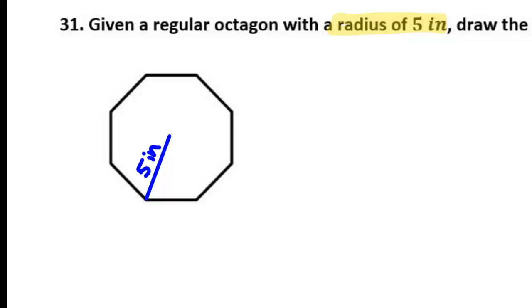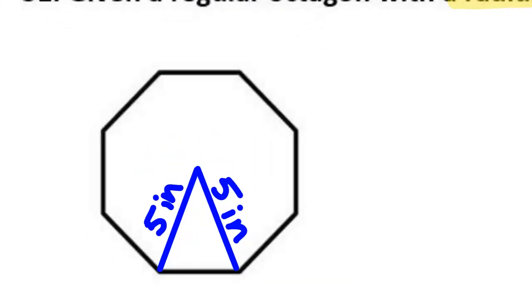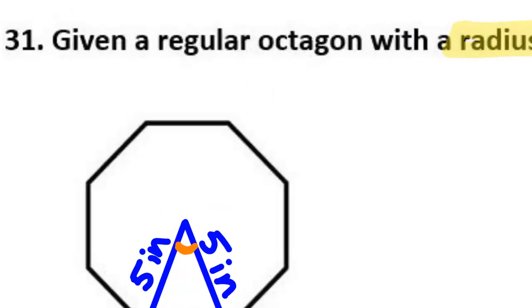We're going to find the area first and the perimeter second because the area is easier for us to find here. To find the area, I'm going to draw in another radius, which would also be 5 inches. And then I'm going to need the measurement of the central angle. How would I find the measurement of the central angle?